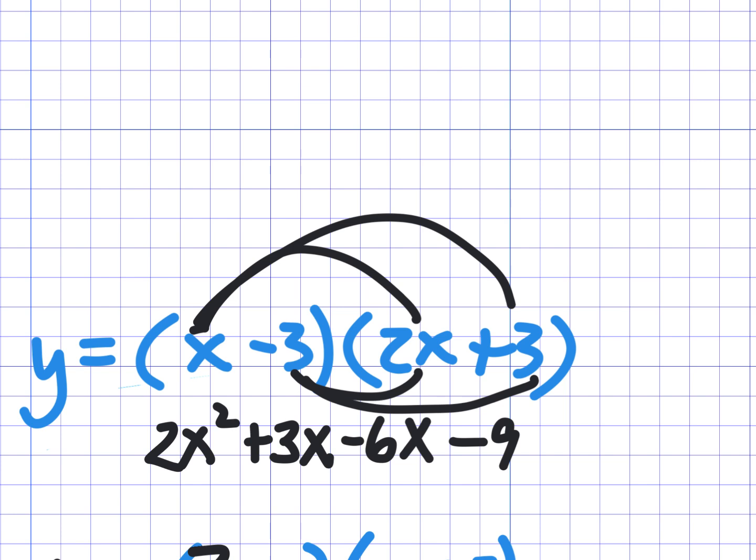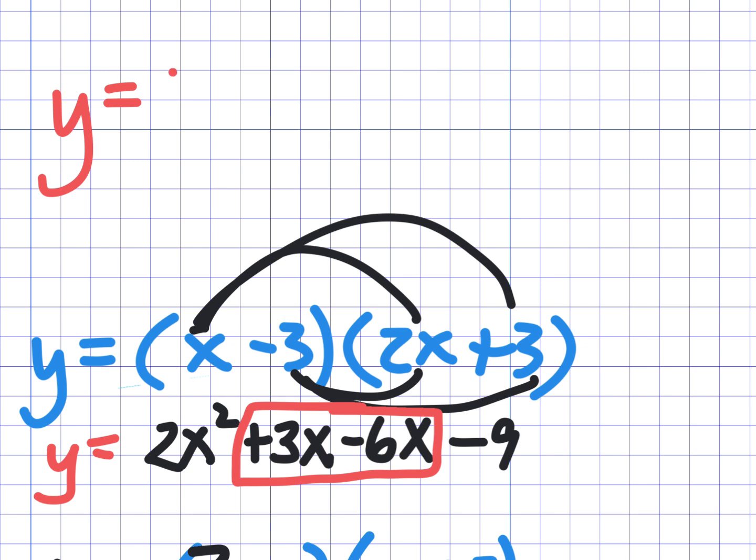Other than the little middle part where you got to combine them, that's it. 2x squared, that together will make minus 3x minus 9. If I had said, what's the A value, that's the only question that I can think of that you could just say the answer is 2. The A value here is 2.